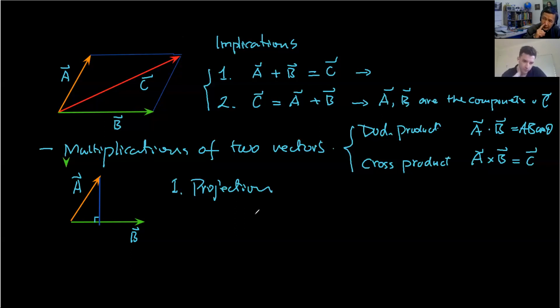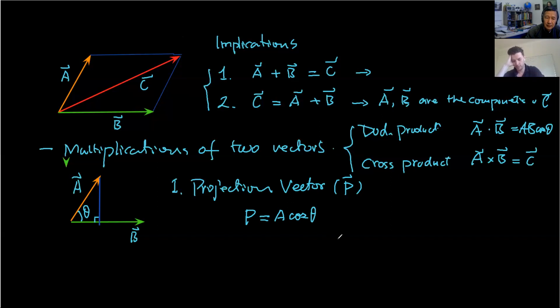In general, the projection is also a vector. Let's call it P. In general, the magnitude of P will simply equal A cosine theta, if this is theta.